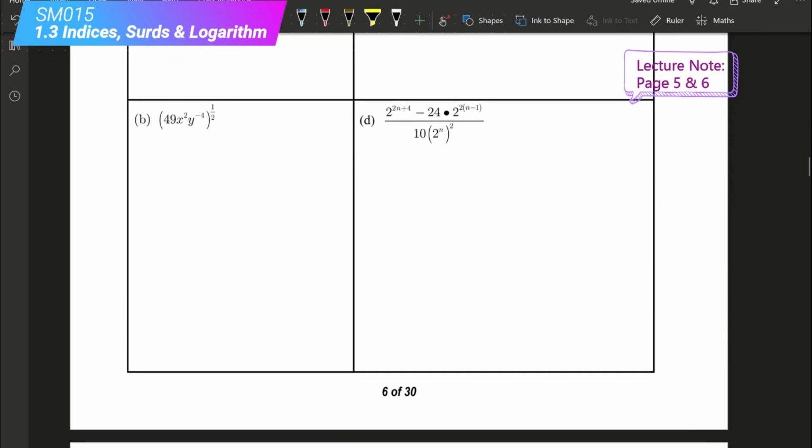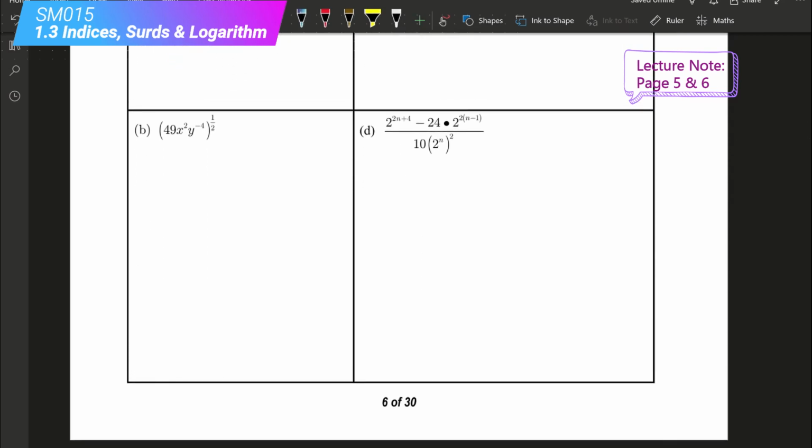Now we go to example B. First and foremost, we must make sure the number that the question gives is in the simplest base. No, right? Because we know for 49, if we multiply 7 by 7, we get 49.